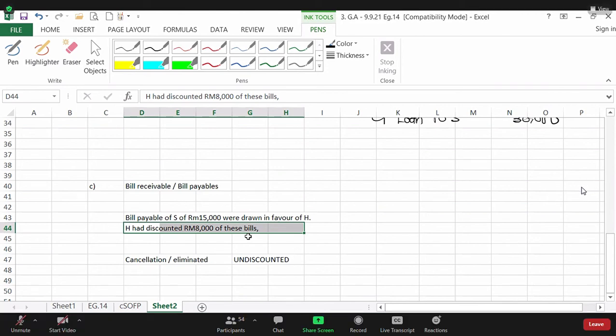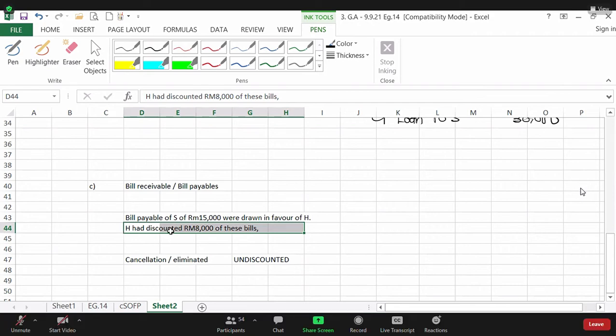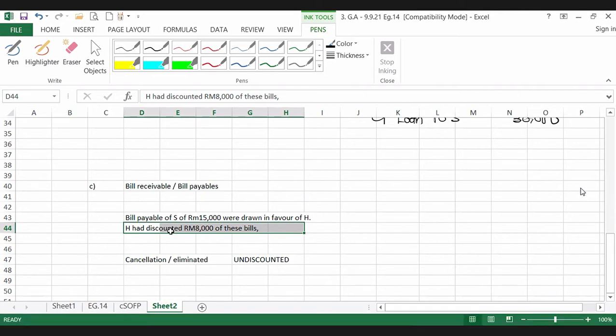So what will happen to the discounted? The discounted actually represents a liability to the third party. So if it is related to the third party, what is the condition under consolidation? We have to keep it.